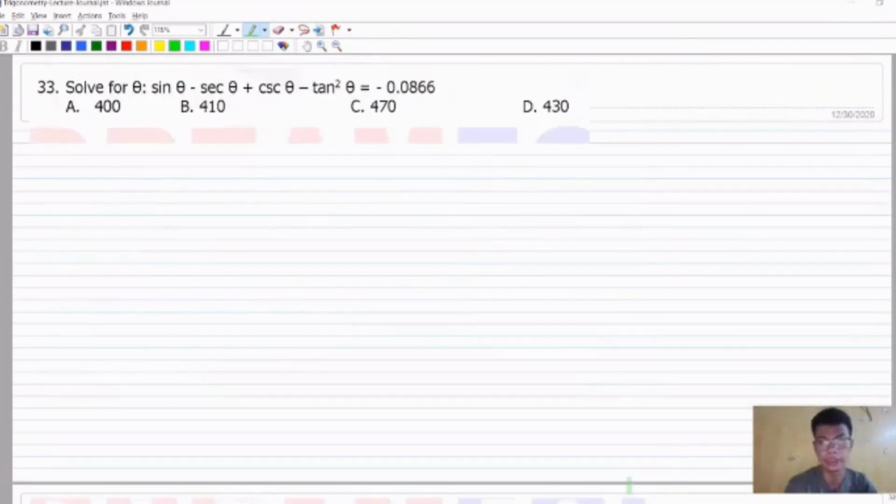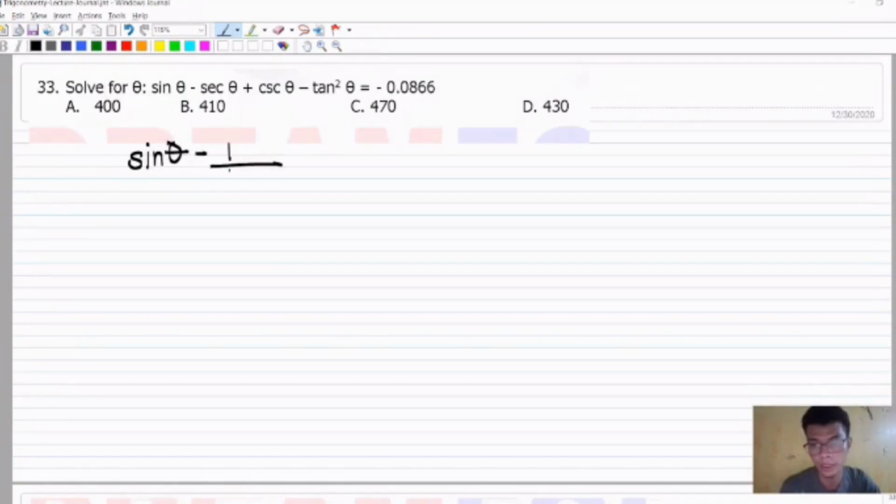Number 33. Solve for sine theta, secant theta plus cosecant theta minus tangent square theta is equal to 0.0866. Ang gagawin lang natin dito ay shift solve, di ba? Gawin lang natin, papalitan lang natin yung secant and cosecant ng kanilang reciprocal dahil wala ito sa calculator.